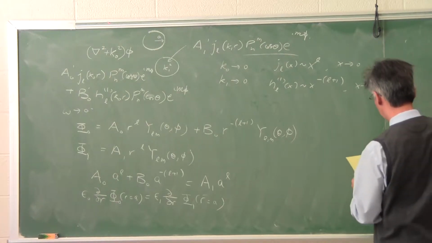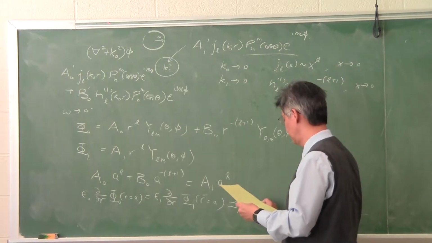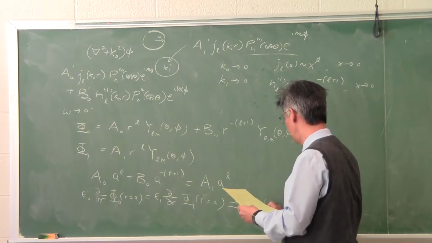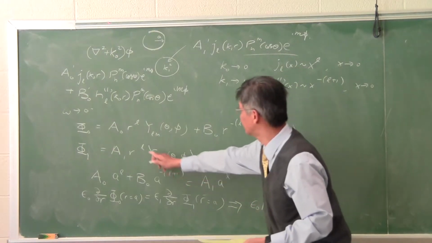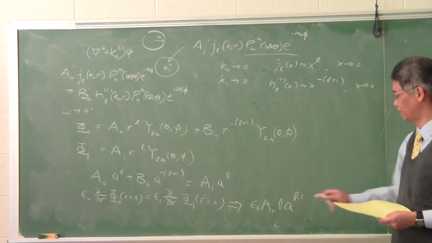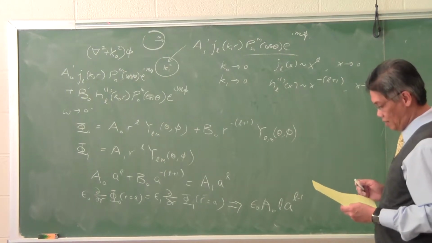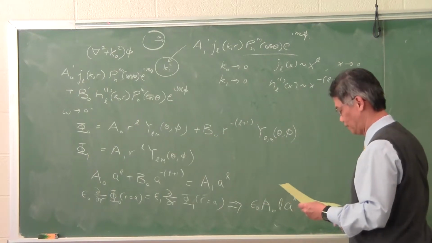And what I get from this is the other equation: epsilon naught a0 l a^(l-1). You differentiate this once, you get l times r^(l-1) at r equals a, and then for the second one you get a negative sign.